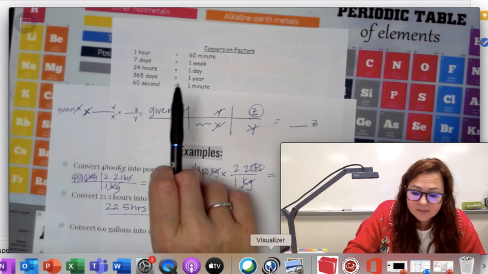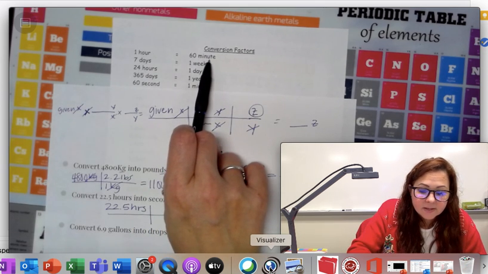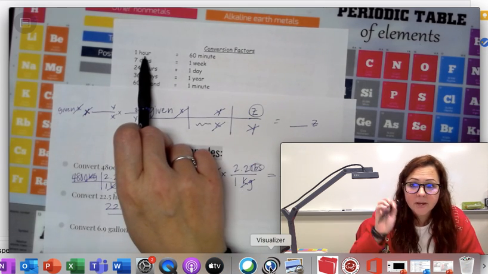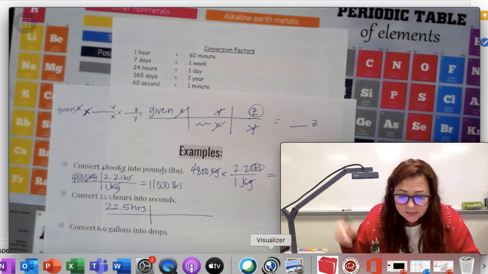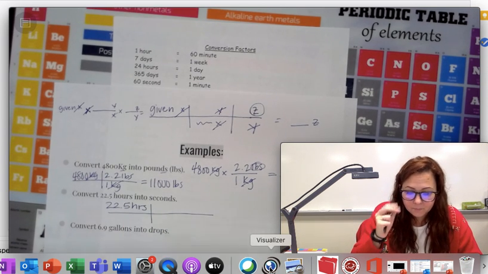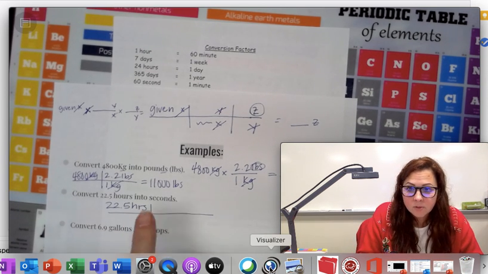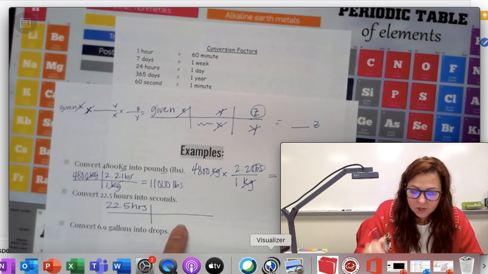So 60 seconds is equal to 1 minute. Hey, look right here, we have minutes to hours. So this is going to be a two-step problem. You could have 6, 7, 8 steps with these. Might just be 1. This one is going to be 2. So right now I have hours on top. I have to get hours to cancel, so that's going to go in the bottom.